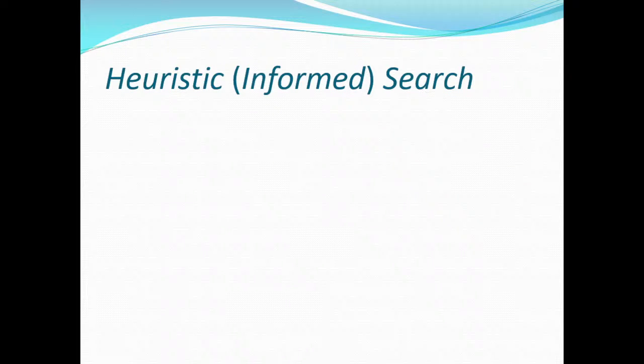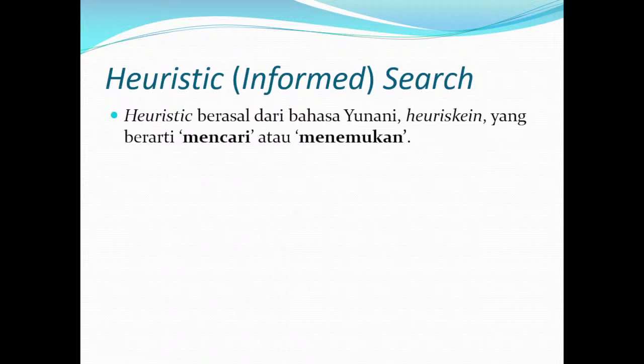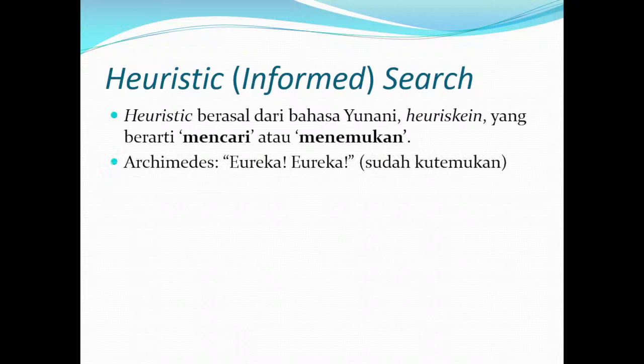So for the next class of algorithms, we will use something called a heuristic formulation, or we will call it informed search. The word heuristic comes from Greek, namely heuriskein, which means to seek.